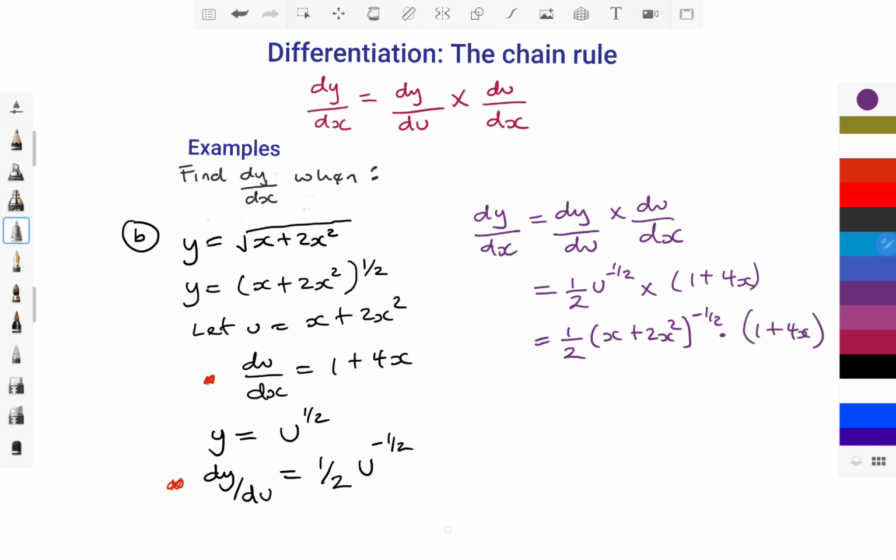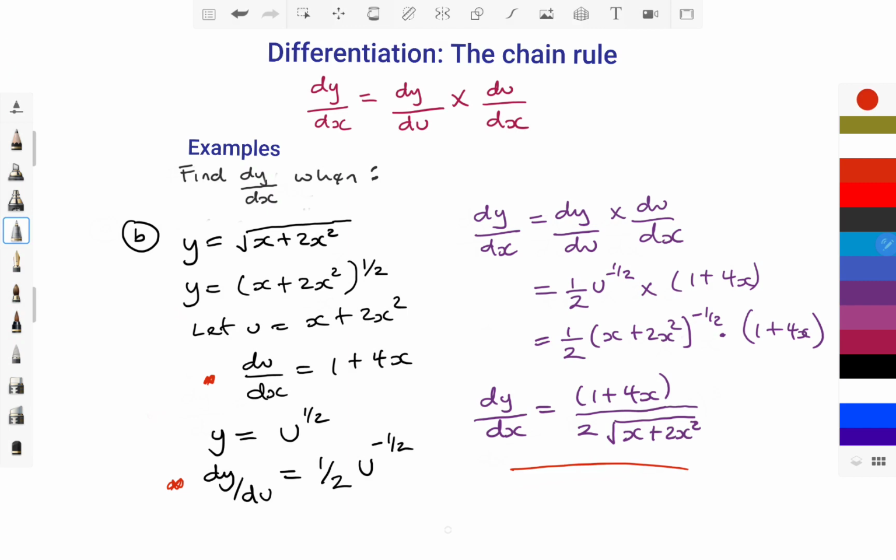And I can leave it this way or put it in positive exponents. I'm going to have dy/dx equals (1 plus 4x) over 2 times the square root of x plus 2x squared.